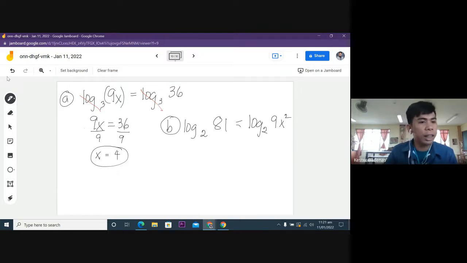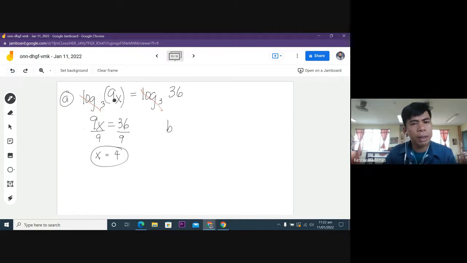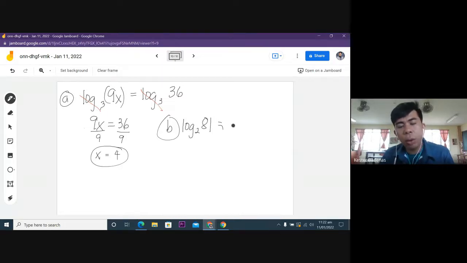Ay, class, ganito. Sige, rewrite ko ha. May ganito ata sa assessment eh, kaya kailangan ko ipakita. Logarithm of 81 with the base 2 is equal to 2 logarithm of 3x with the base 2.